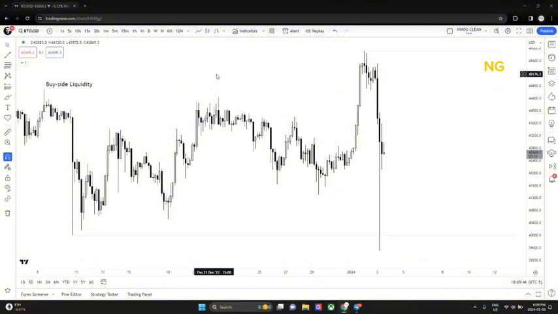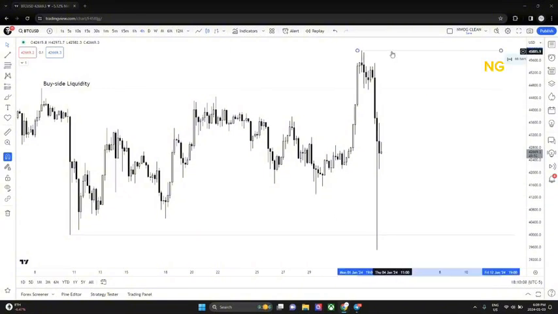All right, so for those that are new, buy side liquidity is any high that is above current price. So right here, this is buy side liquidity. This high right here, this is buy side liquidity, and vice versa for sell side liquidity, right? Sell side is any low that is below current price.